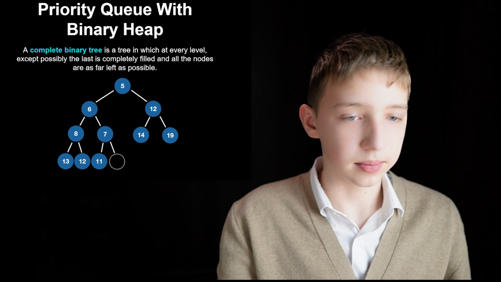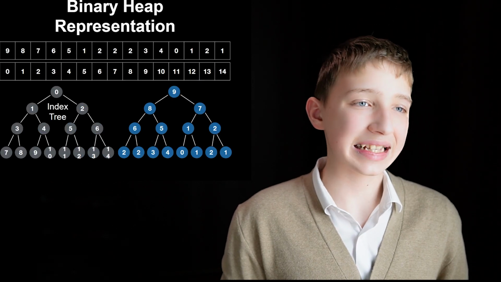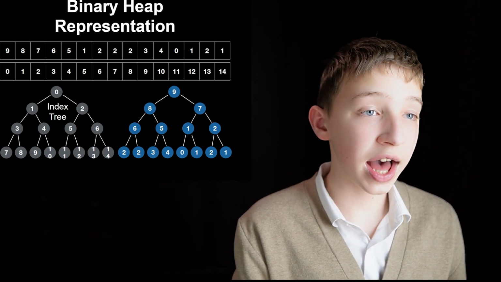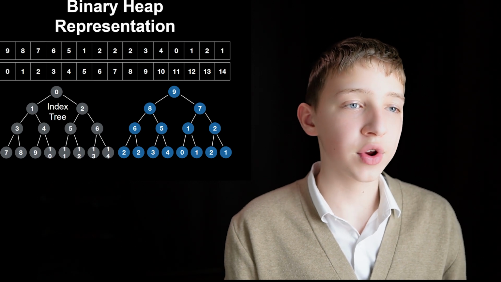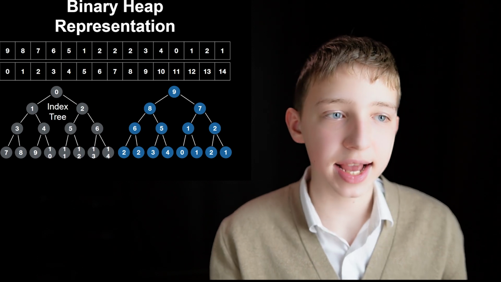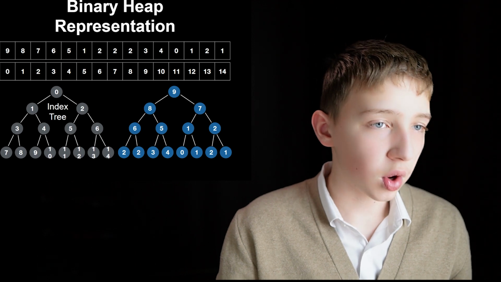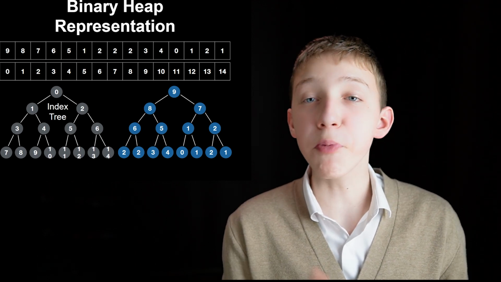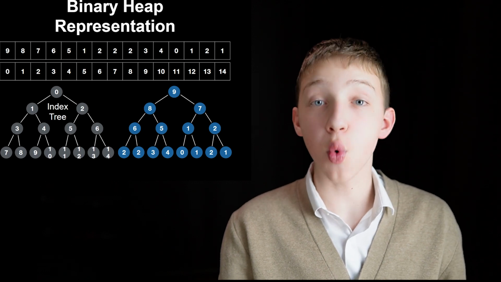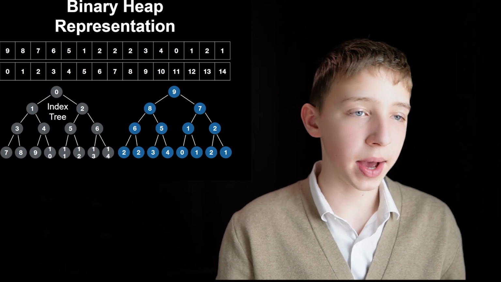Okay, and the last thing before we get into how to add values to our binary heap is that we need to understand how to represent and construct one. One of the most popular ways to represent a heap is by using an array, because of the complete tree property we talked about.